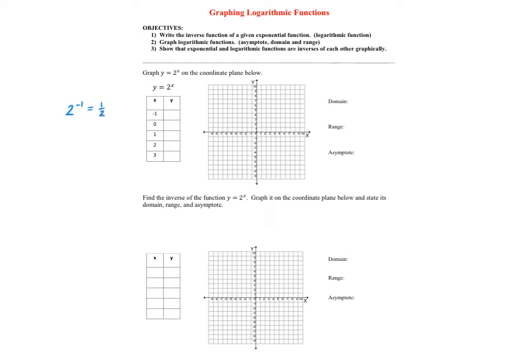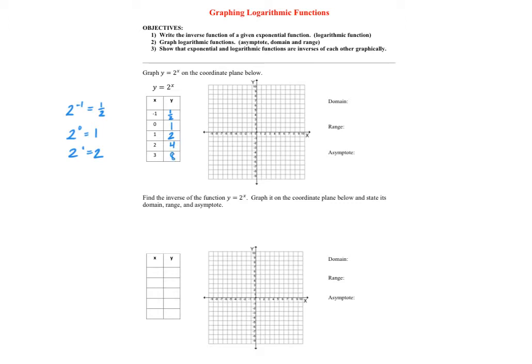So when I substituted negative 1 into my function or equation, I'm going to get 1/2. If I substitute in 0, well, 2 to the 0, anything to the 0 we know is 1. 2 to the first is 2. 2 to the second is 4. 2 cubed is 8.